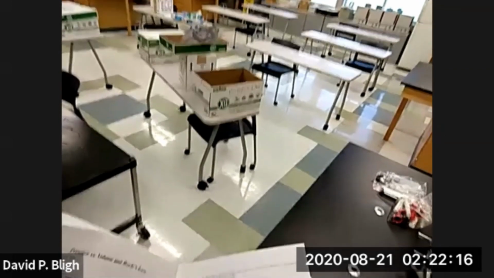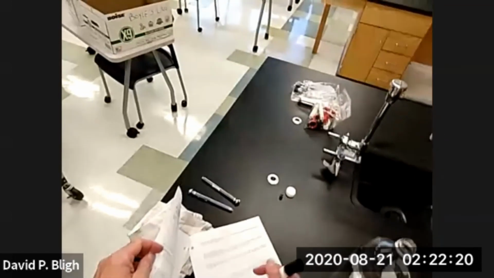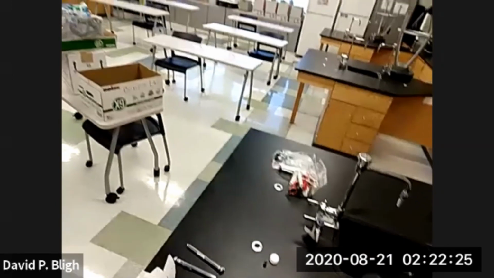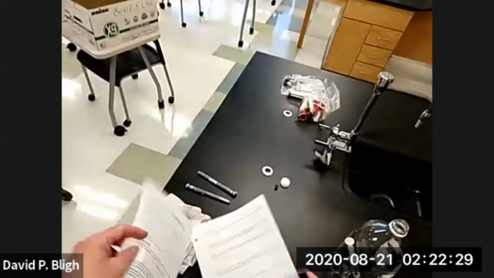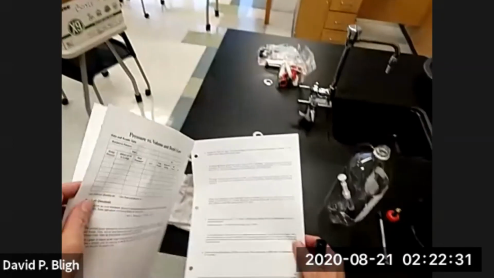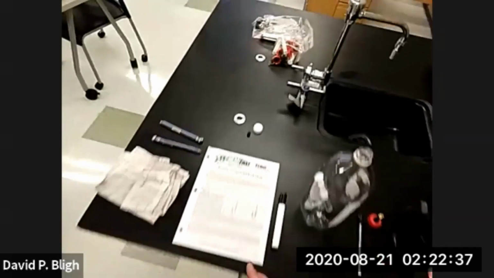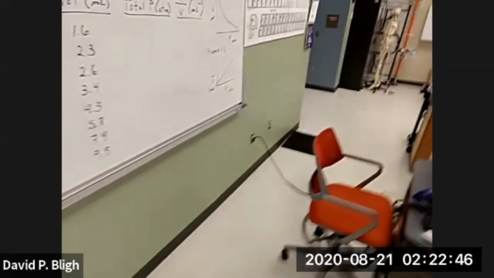If you answer the question someplace else in the report, when you get to the question section, just reference that part of the report that gives the answer. You don't have to write the answer out all over again. Just tell me where it is, okay? And then you can get credit for it. All right, so that's Boyle's law, and that's all you're going to need to do this experiment. It's a very simple experiment, very straightforward, no surprises.